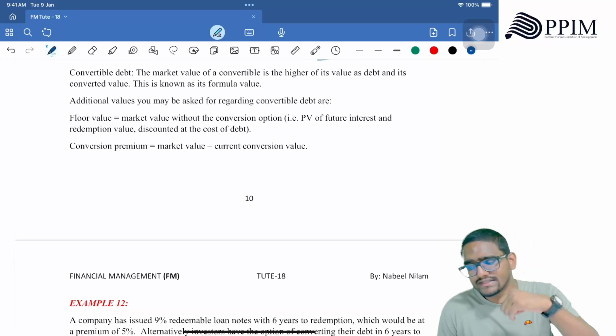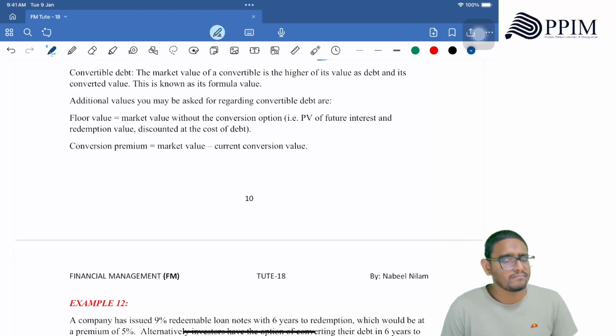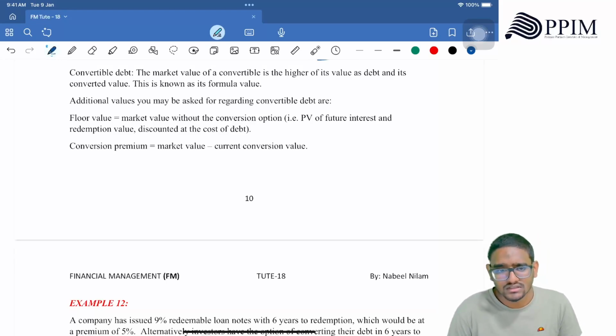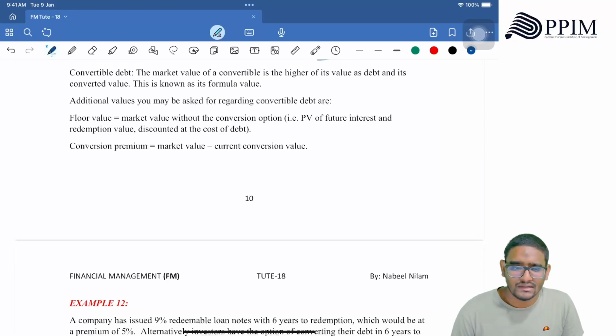And how you make your decision between redeeming and converting is based on a comparison of future values. What is that value in terms of redemption you're going to get, let's say at the end of 6 years, for example, and how much equity you can get at the end of 6 years. If your equity value is higher, you will convert. If your equity is less than the redemption value, you will redeem. You'll always be a rational investor.